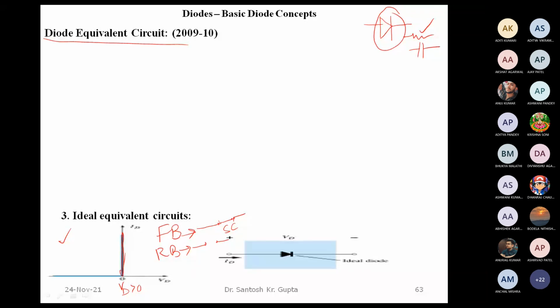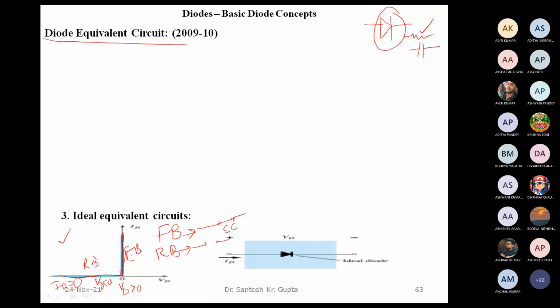And when the voltage is less than 0, it is reverse biased, and it is off and not allowing a current to flow through it. So current is 0 when it is reverse biased, and when it is forward biased, then current is there.